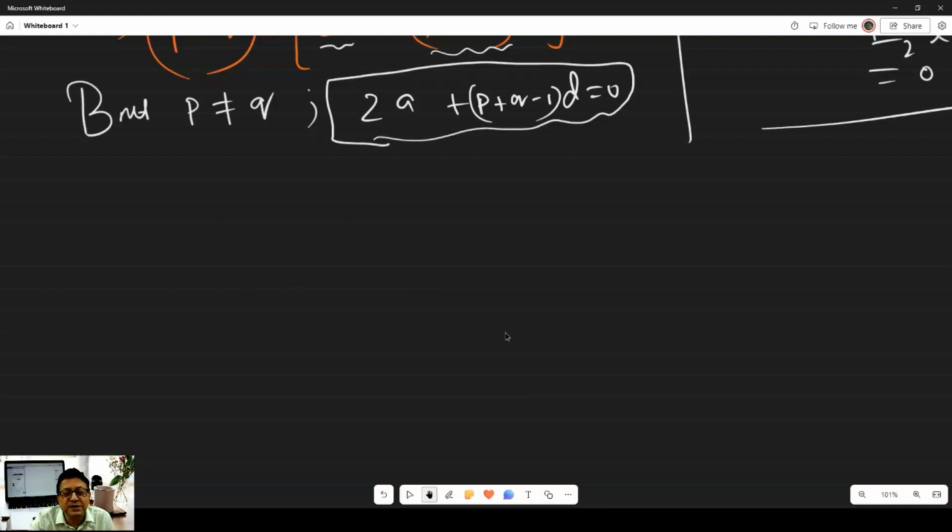Now this sum is very interesting. This is another skill based problem I am bringing in front of you.